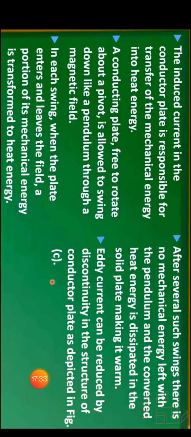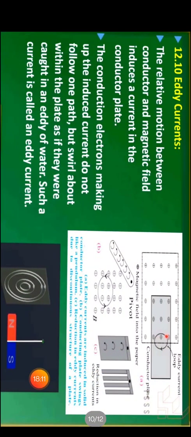After several such swings, no mechanical energy is left with the pendulum, and the converted heat energy is dissipated in the solid plate, making it warm. The eddy current can be reduced by discontinuities in the structure of the conductor plate, as shown in figure C. This reduces eddy current. These are the eddy currents.